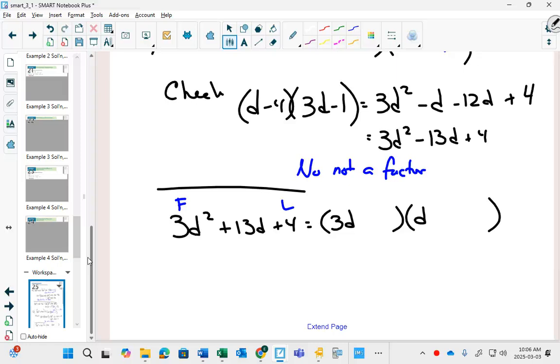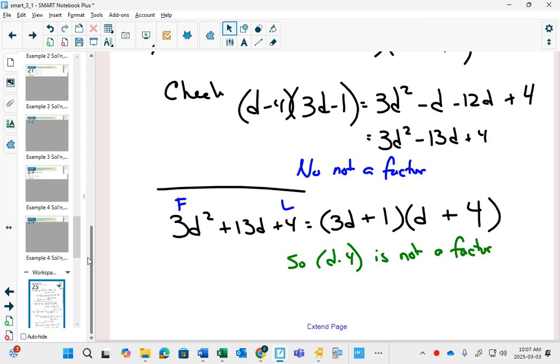Do you see one that either adds or subtracts to give you 13? If I put the 4 there, I get 12, and the 1 here, my inside is 1. 12 and 1 makes 13. If positive 13, I'd have to have a positive 12 and a positive 1. We factored it, and d minus 4 didn't show up, so d minus 4 is not a factor.